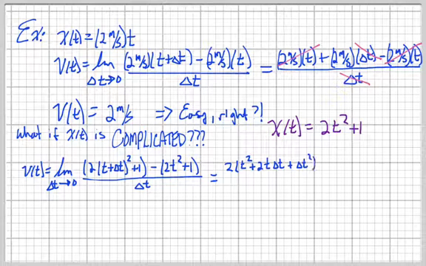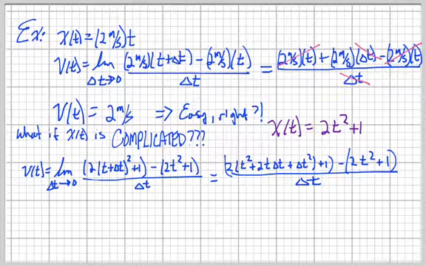So, when you multiply it all out, you get that. Two times quantity t plus delta t squared, which is t squared plus 2t delta t plus delta t squared, plus 1, minus quantity 2t squared plus 1.